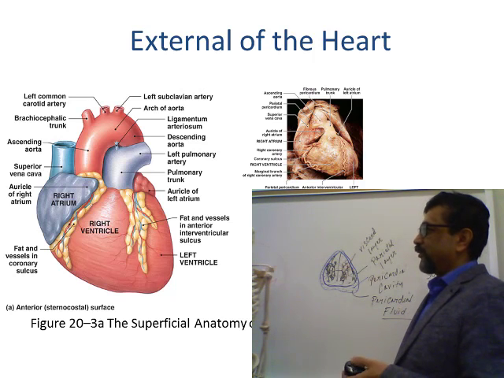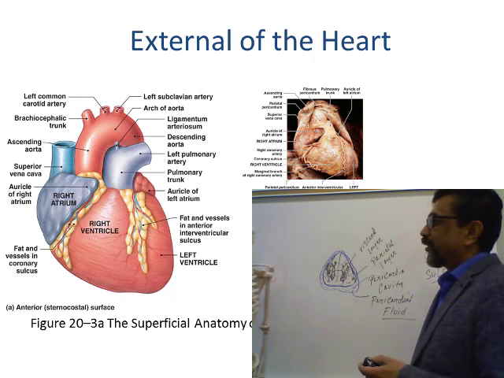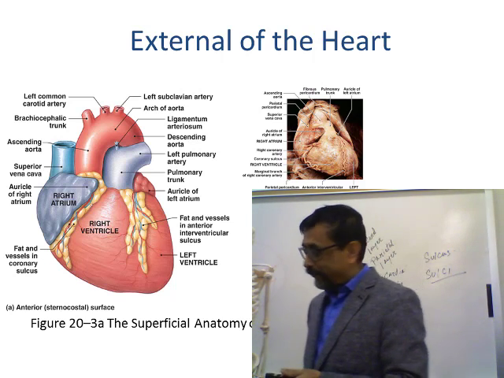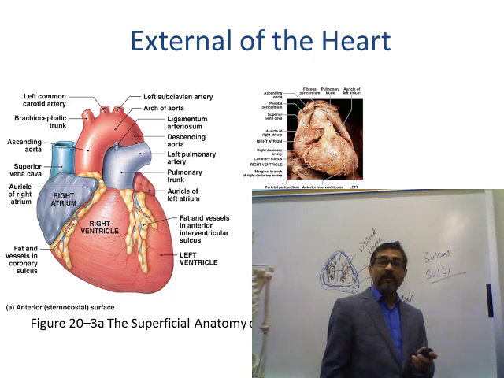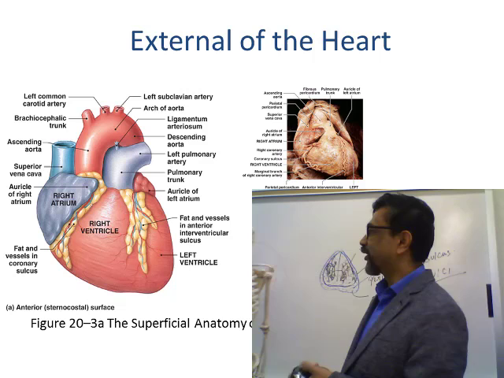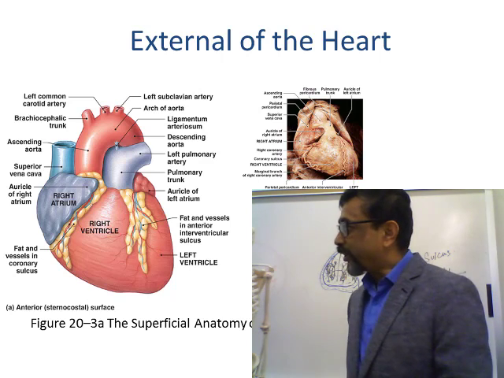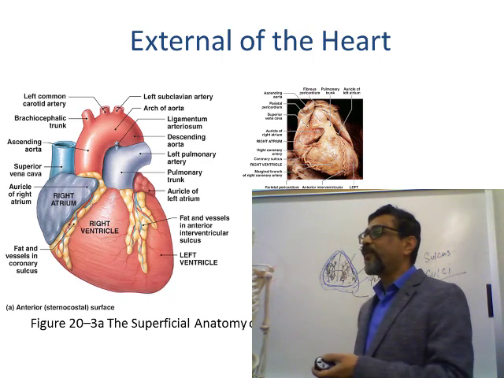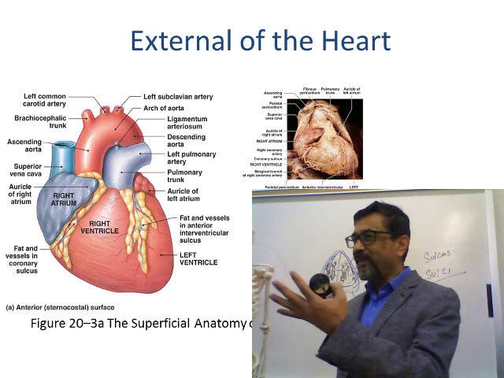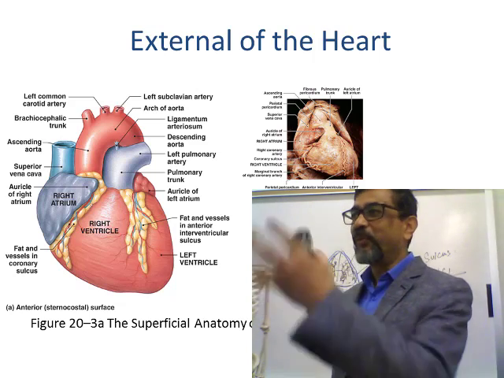Okay, now we have already talked about four chambers, right? And their functions, you already know that, I explained that. We have already talked about the valves. How many sets of valves you have? Anybody remember? Four, right? Two sets of AV valve and two sets of semilunar valves, right?